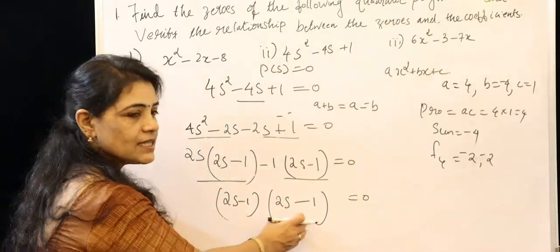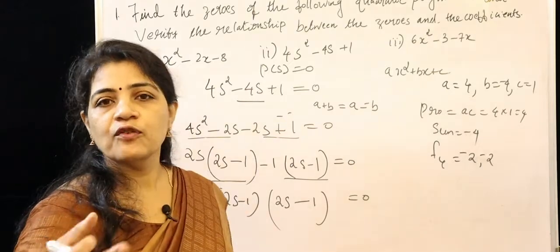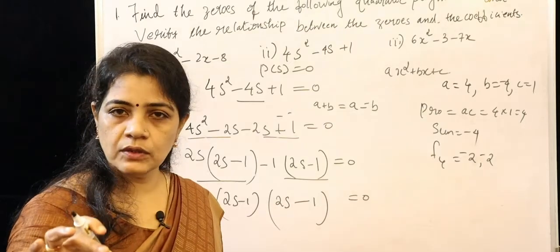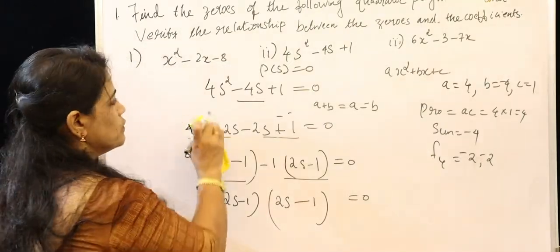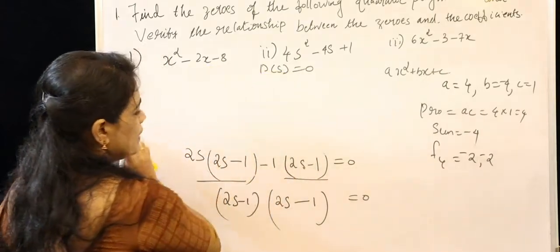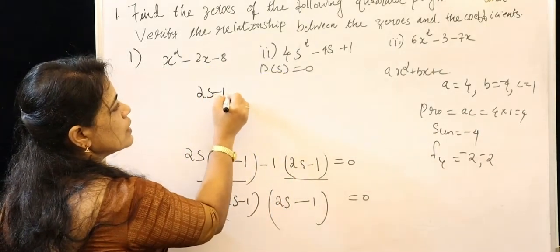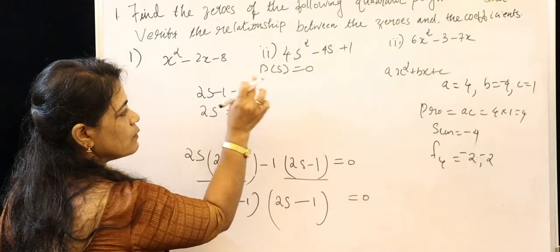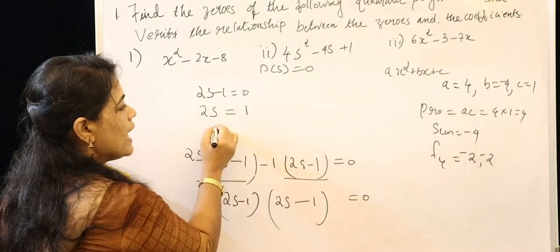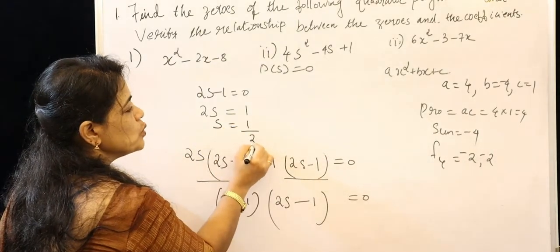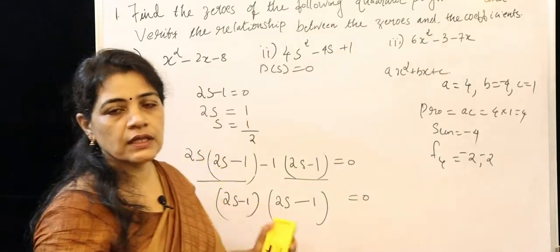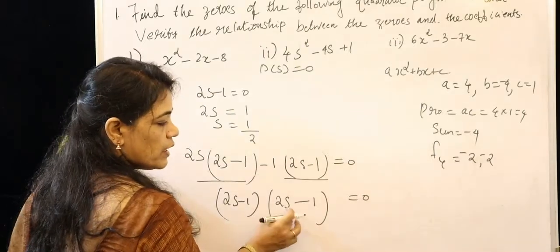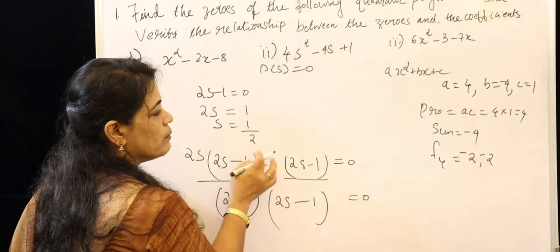See children, here both are the same factors, so you will get the same value for alpha and beta. But in that case also you have to separately write alpha equal to that value and beta also equal to that value. Let us see what alpha and beta will be by equating 2s minus 1 equal to 0, which means 2s equals 1, the minus 1 comes to the RHS as positive 1, and s will be 1 by 2, because 2 into s, that 2 comes in the denominator when you move it from LHS to RHS.